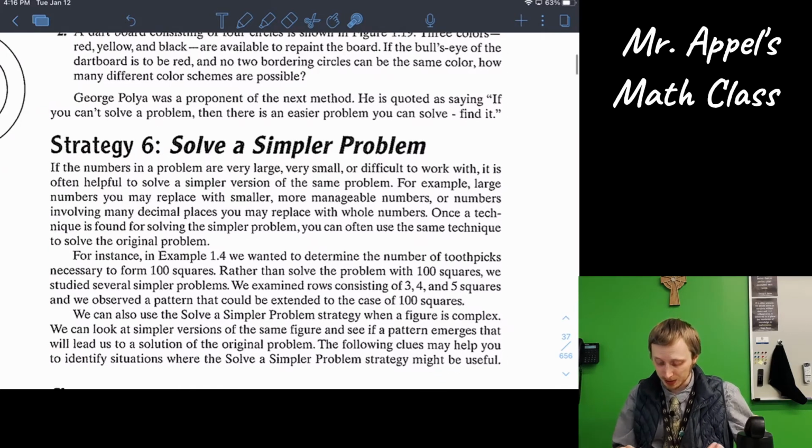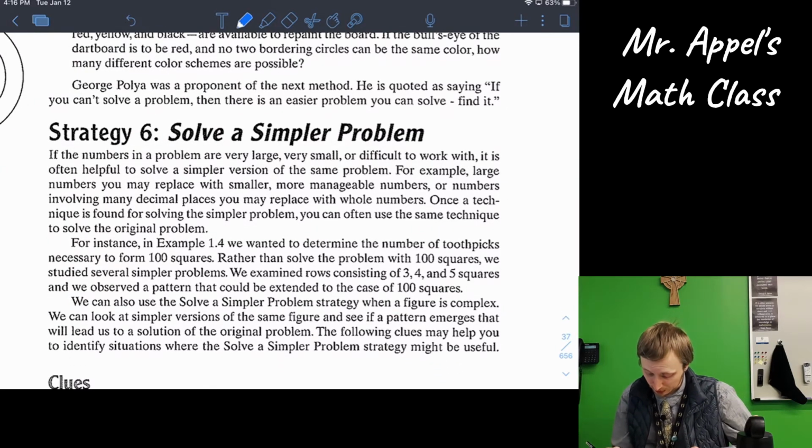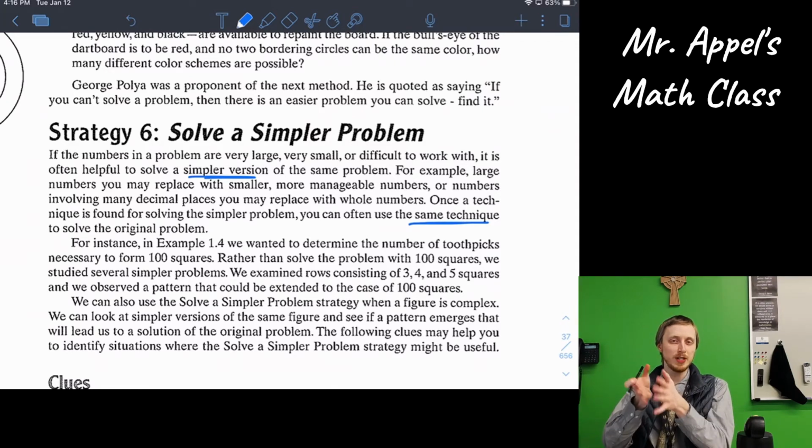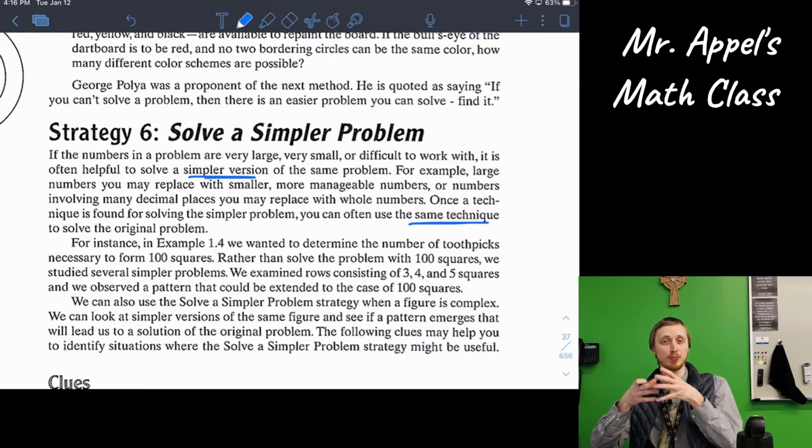Notice something that is brought up a lot in here. It's not just find a simpler version, okay? You're going to find a simpler version, and use those same techniques. So you're going to treat the simpler problem as practice.